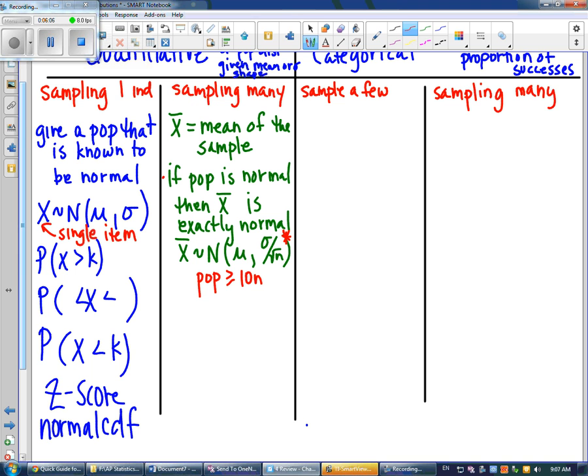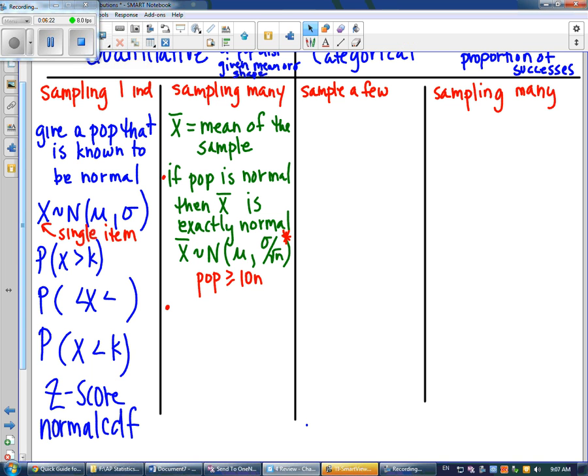So we have two situations with means when we're dealing with quantitative data and samples. If the population is known to be normal, then X bar is going to be normal no matter what. The only thing you have to check is that the population is at least 10 times the size of your sample.